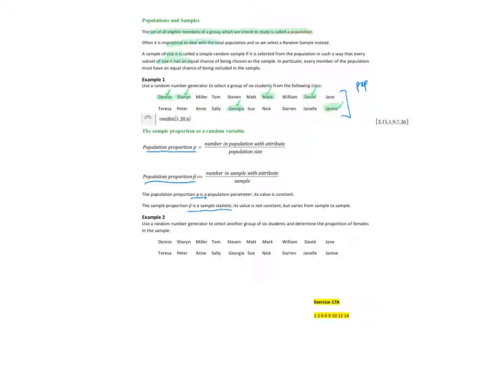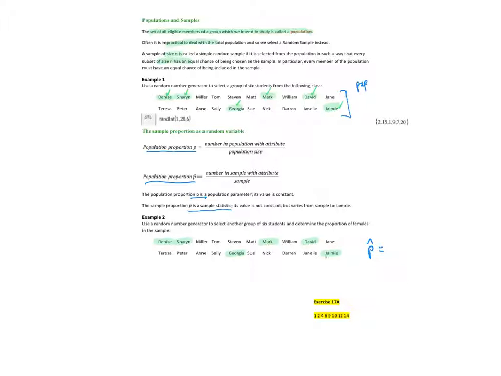So for example, using my numbers that I picked up in my number generator, we already know that I had 1, 2, 7, 9, 15, and 20. So if you like, for my sample P hat, the proportion of females I had was, well, Denise, Sharon, Georgia is 3.